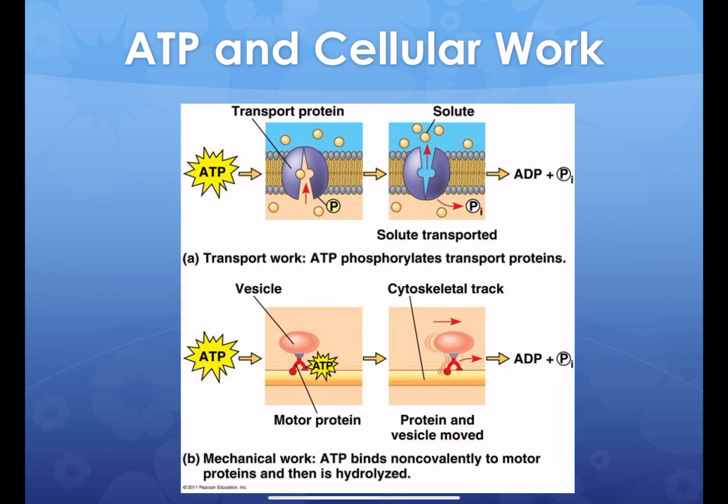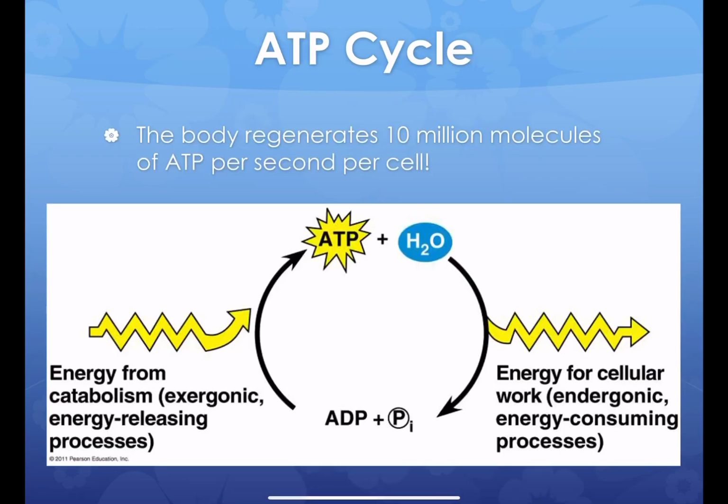So this is just another picture of how ATP can be used to do cellular work. As I mentioned previously, the transport work and the mechanical work. Okay. So one thing that's important is ATP is usually regenerated. And so just as we can pop that phosphate off of the ATP, we can also add it back on. And that happens a lot within the cell. Okay.